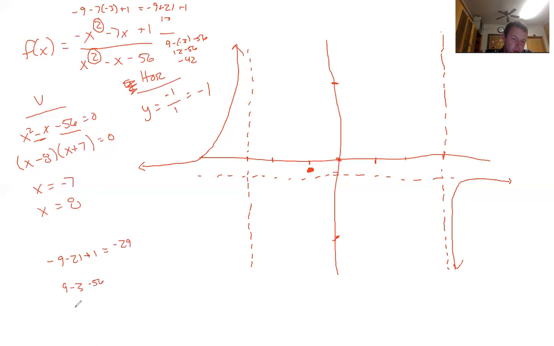So that would be 6 minus 56, which would be -50. So -29 over -50, which would be positive. Okay, so it's somewhere up here, because negative over negative would be a positive. So see how this one's higher than this one? So your graph, if you didn't know, would go like this.